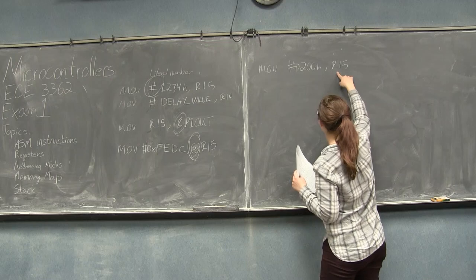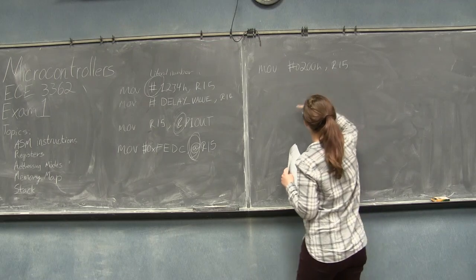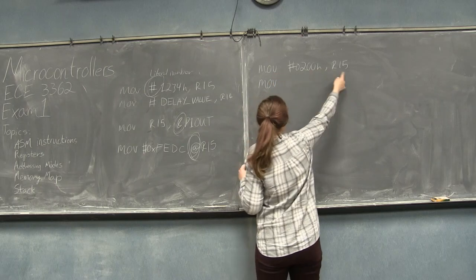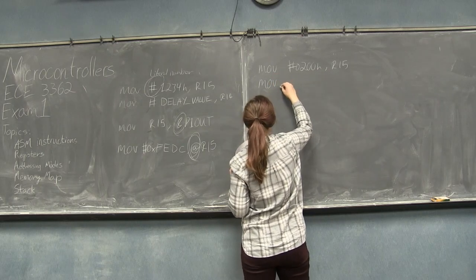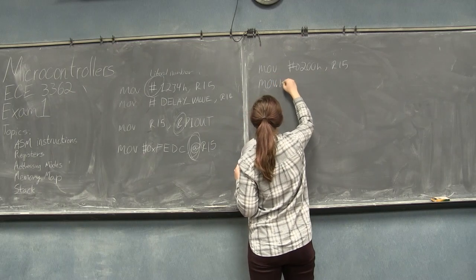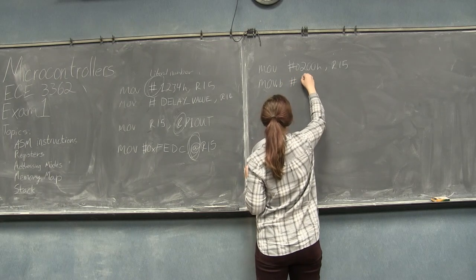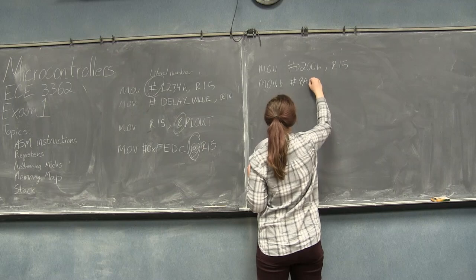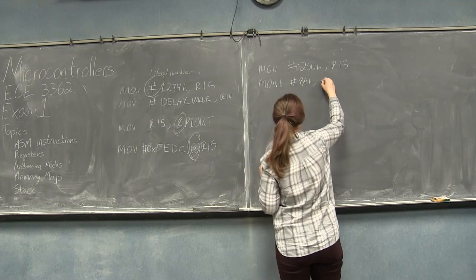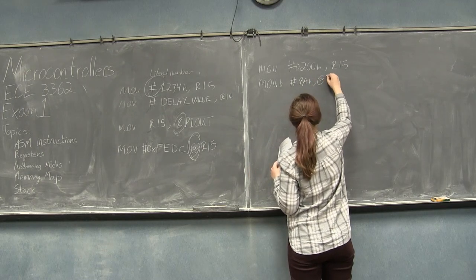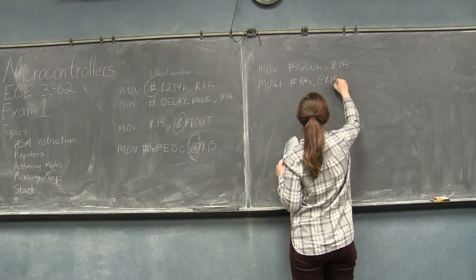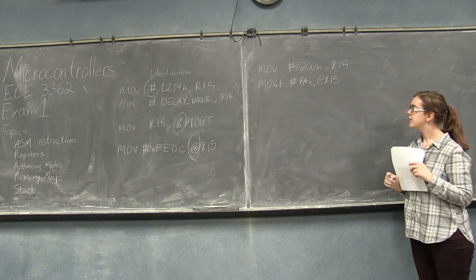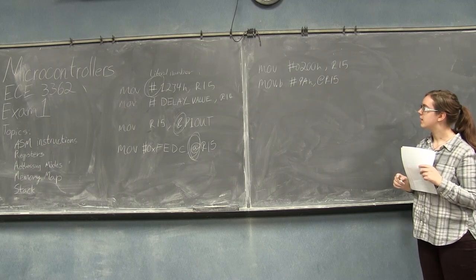So you move the value R14 to R15, and then you move it to at R15.